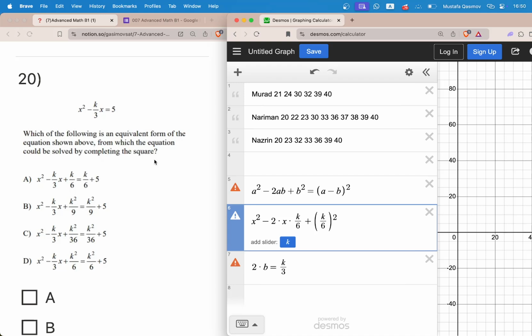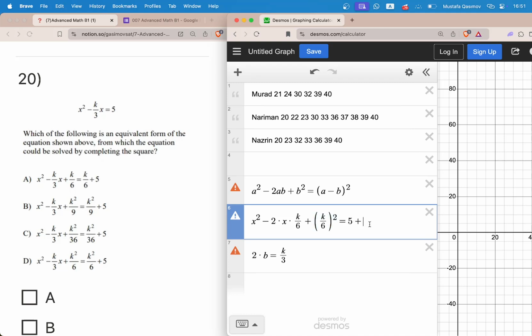Then because we add this expression here, we have to add it also to the second side. Again that one, like this. After that we can complete it to a square. So it is our answer and it is C, because that one is also k over 3. So the answer is C.